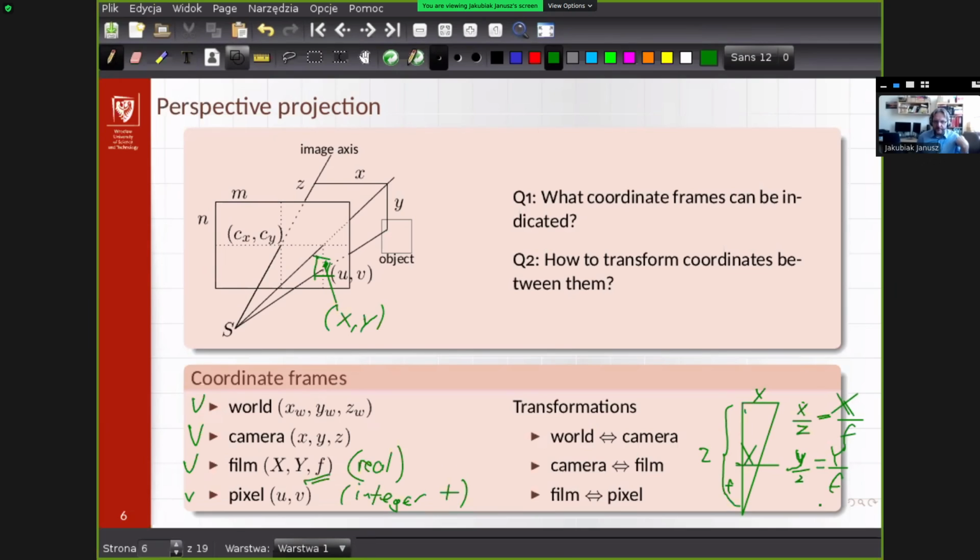That's the type of transformation that you get here. When you know x, y, and z, you can easily get x and y. And if you want to do the opposite, so if you know x and y, how to get the position in space? Can someone answer that?